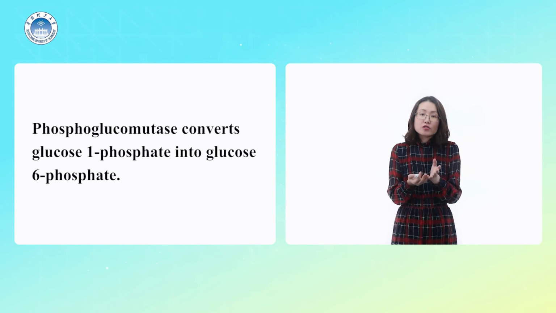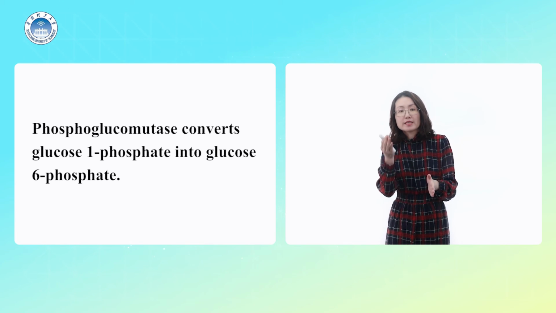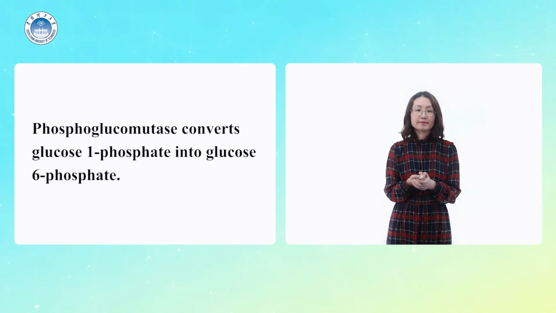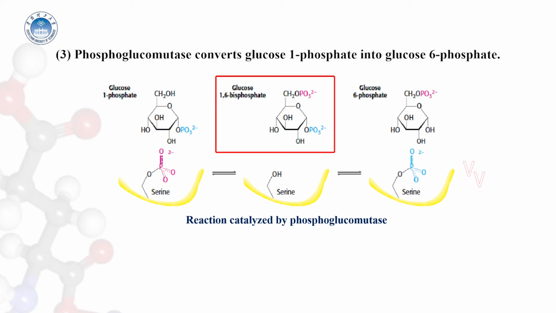Phosphoglucomutase converts glucose 1-phosphate into glucose 6-phosphate. The catalytic site of an active mutase molecule contains a phosphorylated serine residue. The phosphoryl group is transferred from the serine residue to the carbon 6 hydroxyl group of glucose 1-phosphate to form glucose 1,6-bisphosphate.